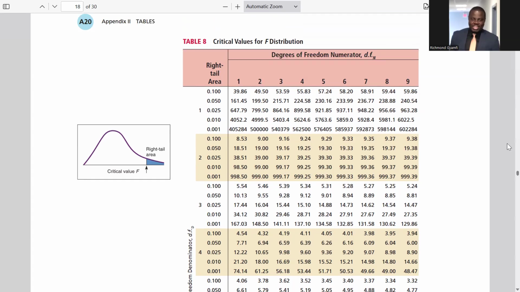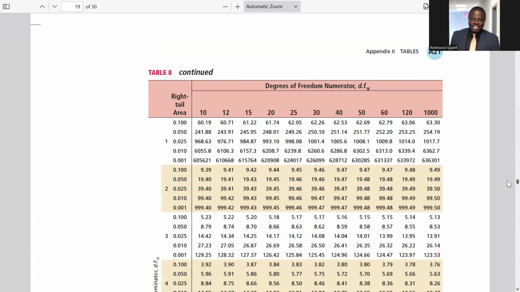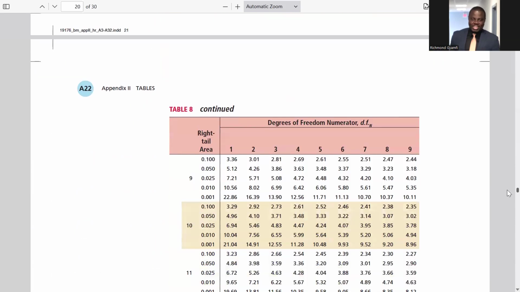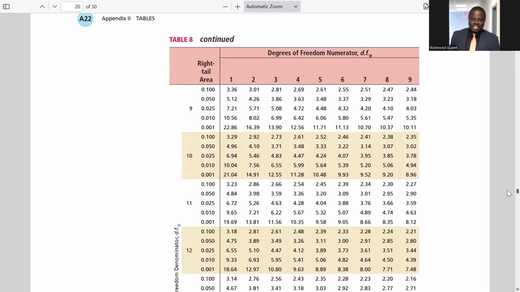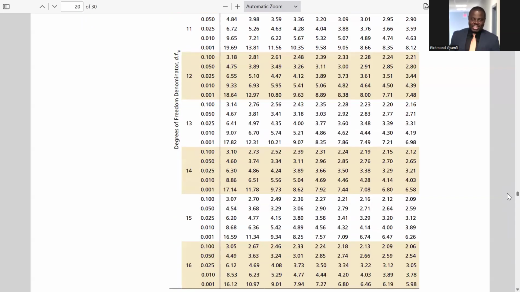Degrees of freedom within the groups was 15. So I've got to scroll down to 15. Yep, there we go. So I've got 2 for degrees of freedom N on top, and then I'm going to scroll down to 15. So 15 is going to be here.